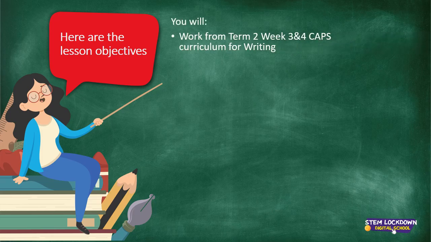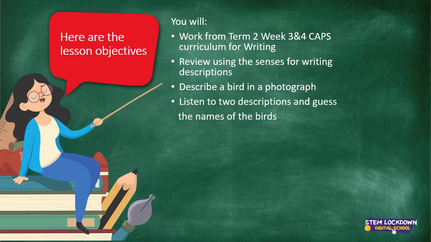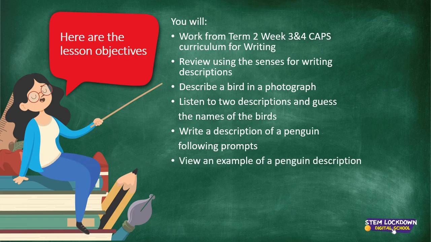We'll be working from the Term 2 Week 3 and 4 CAPS curriculum for writing. You'll review using the 5 senses for writing descriptions. You'll describe a bird in a photograph. You'll listen to 2 descriptions and guess the names of the birds. You'll write a description of a penguin following prompts.